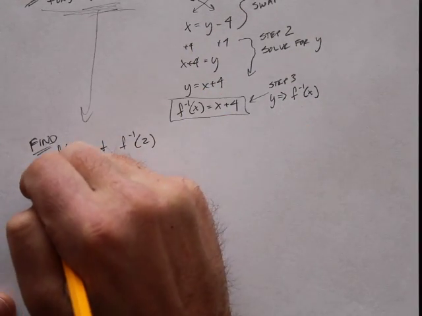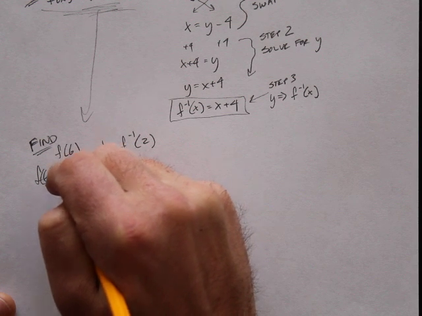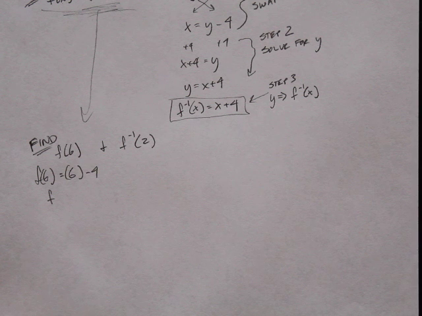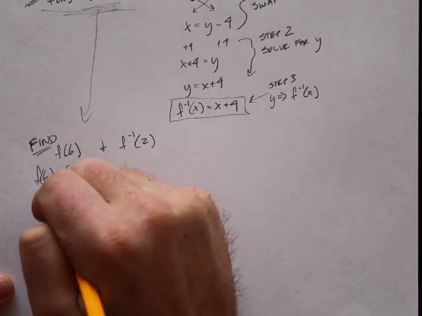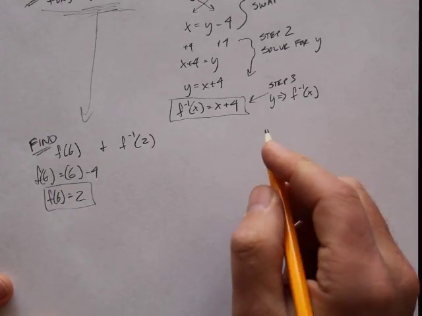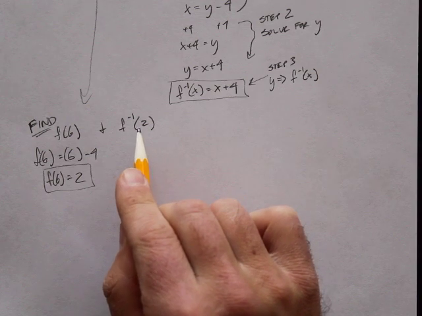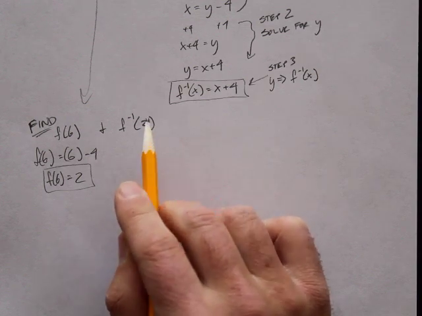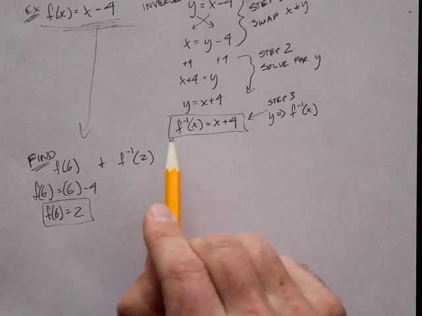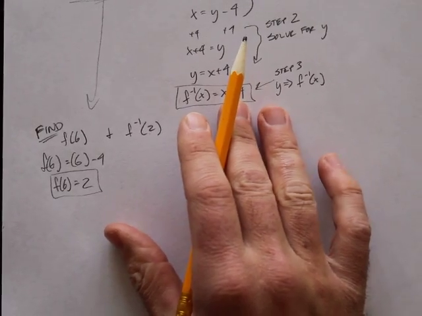Okay, so f of 6 is 6 minus 4. So f of 6, x minus 4 is 2. Okay, that's cool. All right, now the inverse of f of 2 is where I am now going to use my inverse function to plug this 2 in.